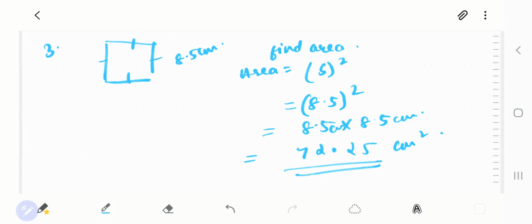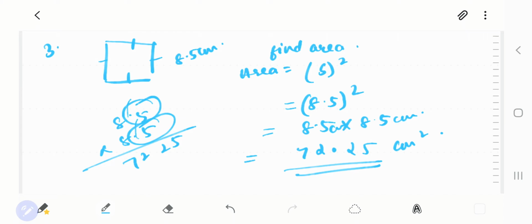Clear? Those who do not know how to multiply decimals can remove the decimals. First multiply the numbers. Then if you have one decimal place here and one decimal place here, in your answer there will be two decimal places. Clear?